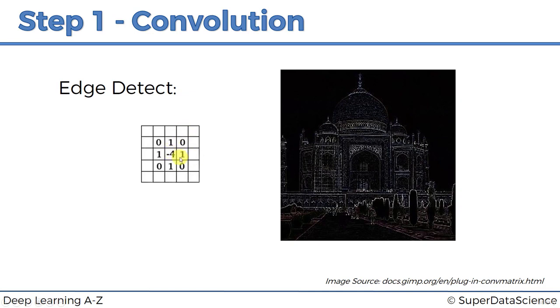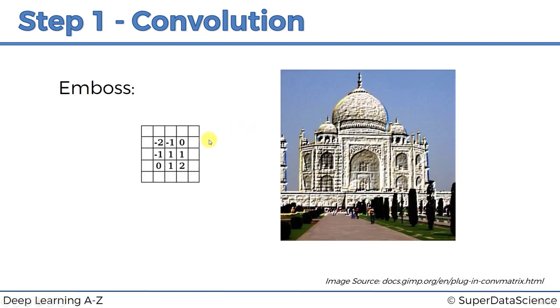You take the middle one and reduce the strength of the middle pixel. Then you look for the 1s and increase the strength of the 1s around them. So you have the 1s there.